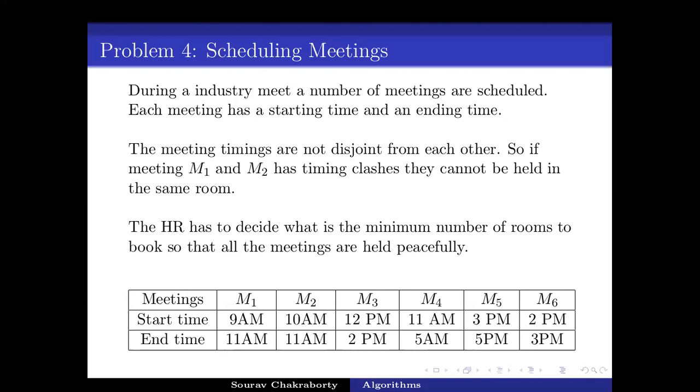But if two meetings overlap, they cannot be placed in the same room, and the company administrator wants to minimize the number of rooms required. One typical idea is to keep one room for every meeting, but if the timings do not clash, two meetings can be scheduled in the same room, right? So you want to minimize the cost.